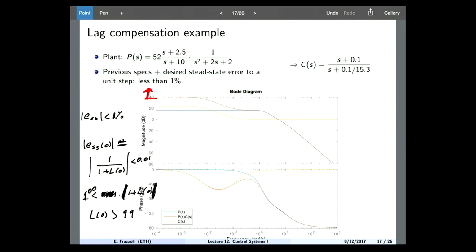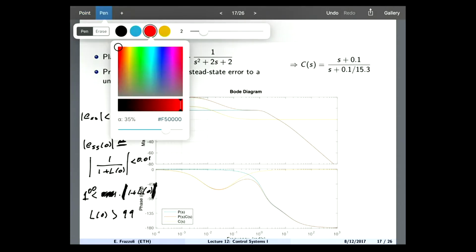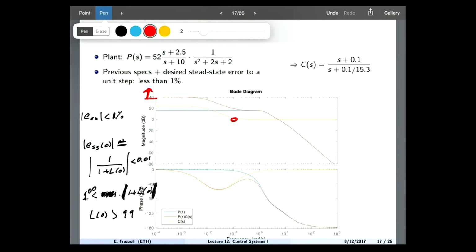So I put my zero here, at frequency 0.1. Then I put my pole at 0.1 divided by 15.3, somewhere around here.